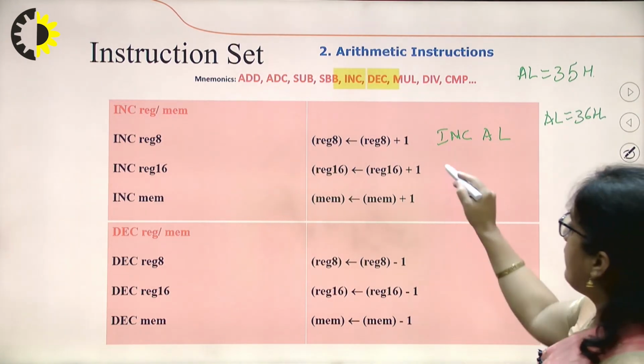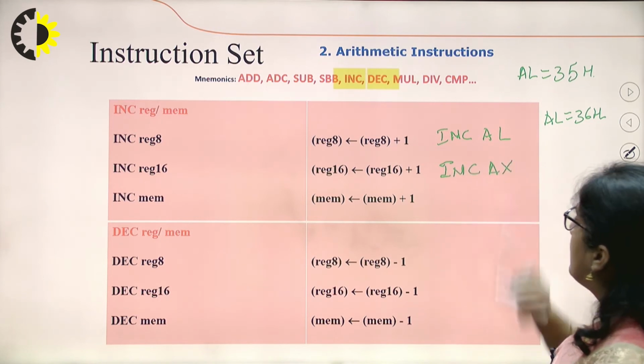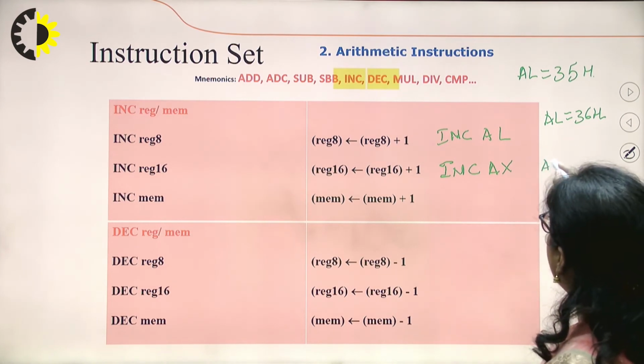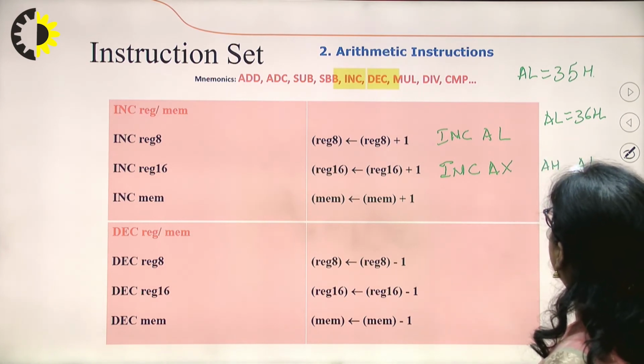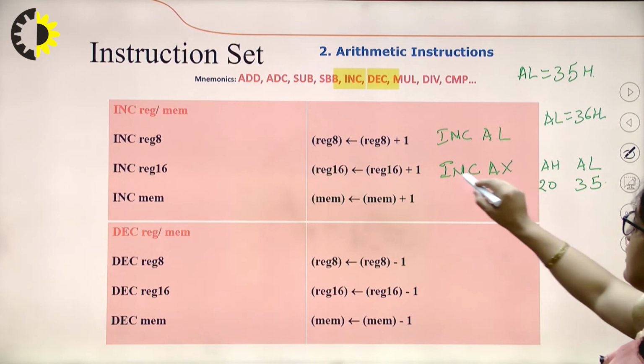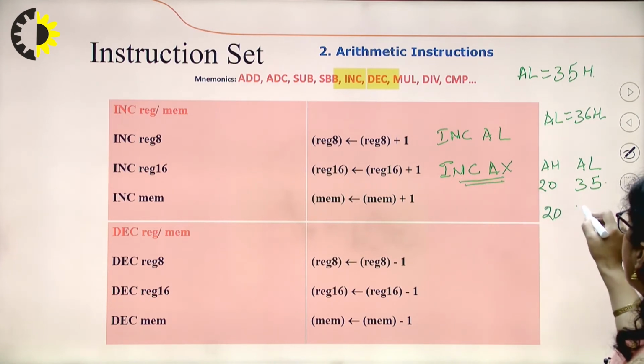If I write INC AX, then the content of AH and AL is considered combined. Here, if AH is 20 and AL is already 35, then after execution of INC AX the content will become 2036.